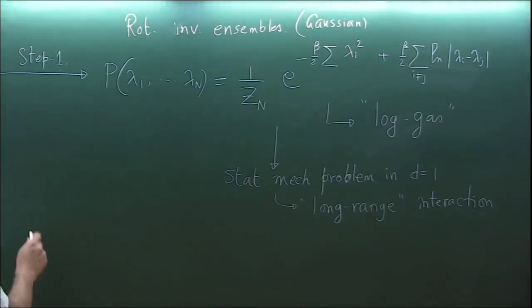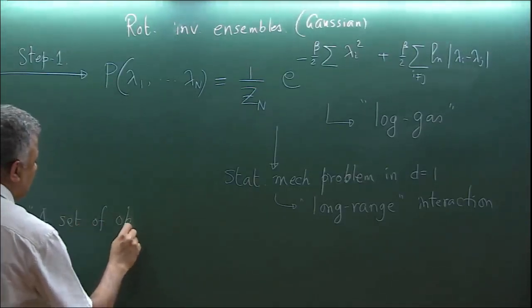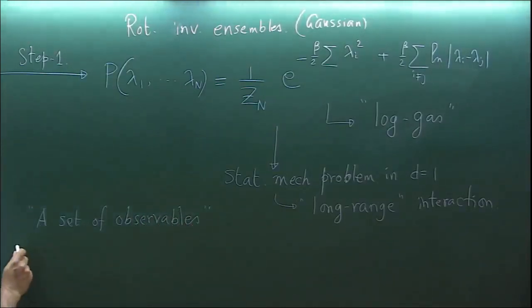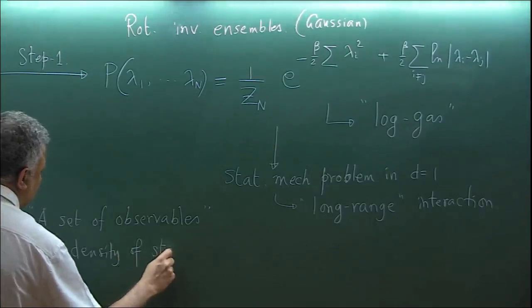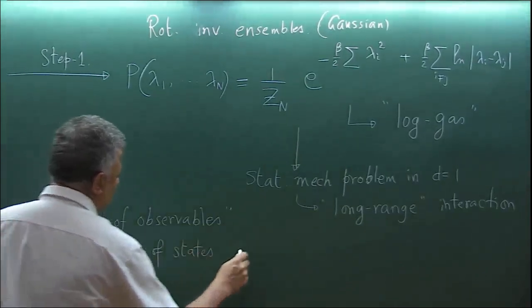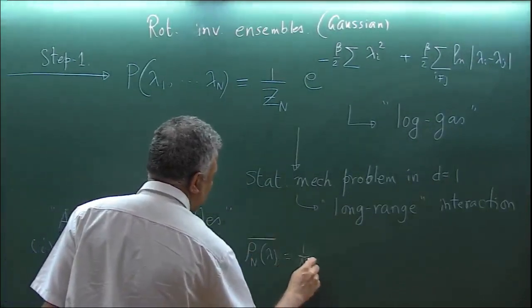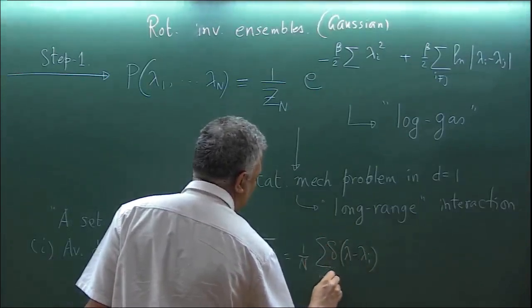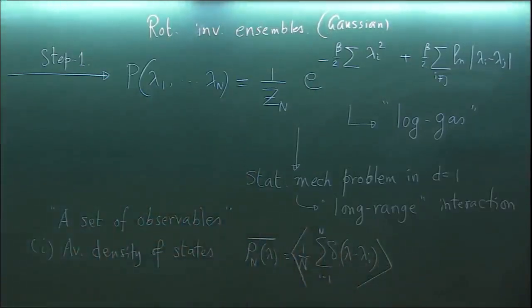So I defined a set of observables. These are interesting questions to ask. For example, the average density of states, normalized to unity. This is rho n lambda bar, which is defined as averages with respect to this Gibbs measure.